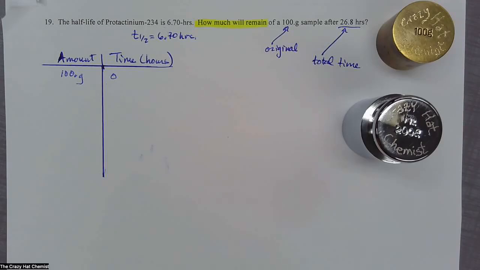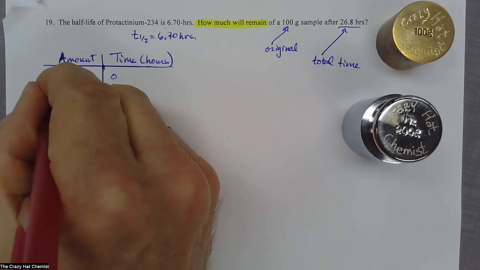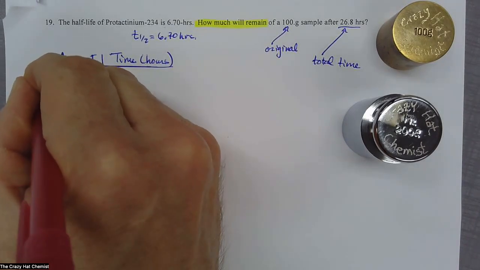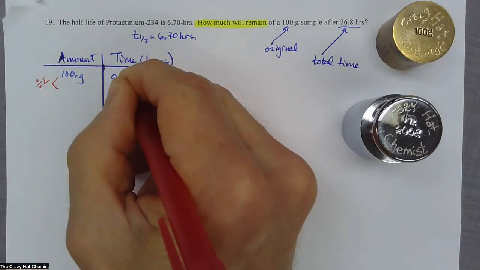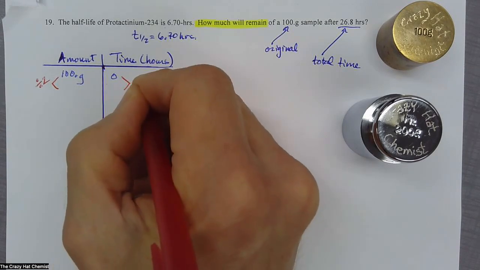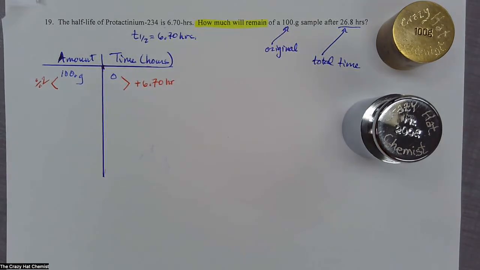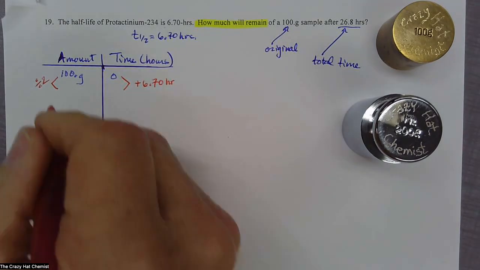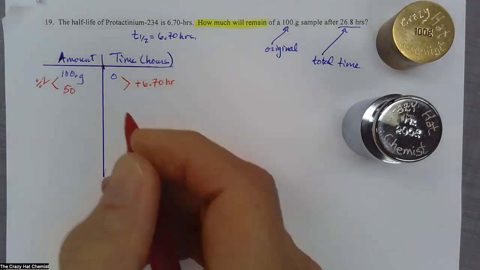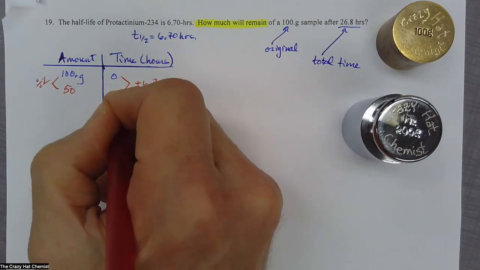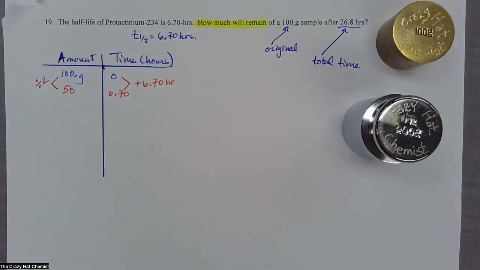So with the amount, we are going to divide by 2, and with the time, we are going to add 6.70 hours for every time frame. So we're going to get 50 grams, and over here, 6.70 hours.